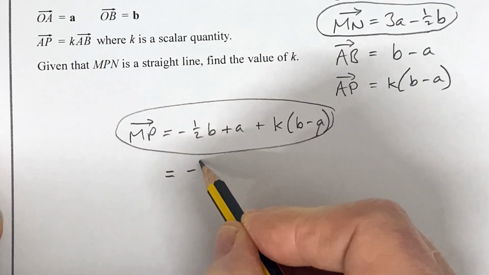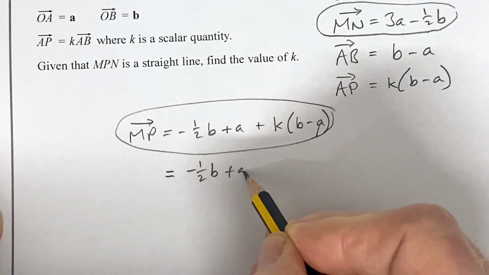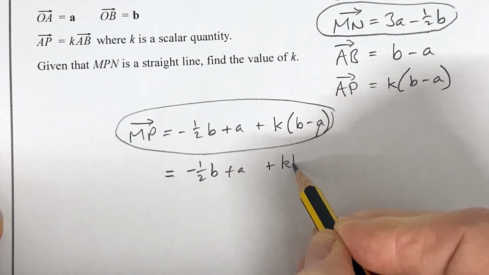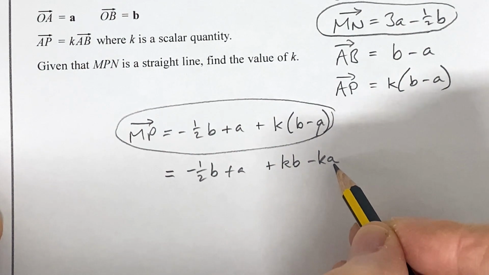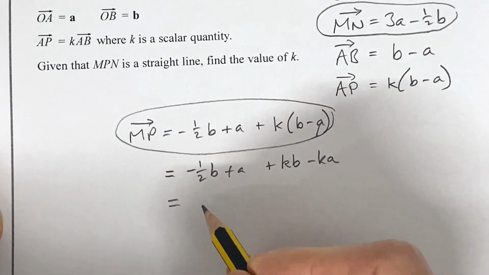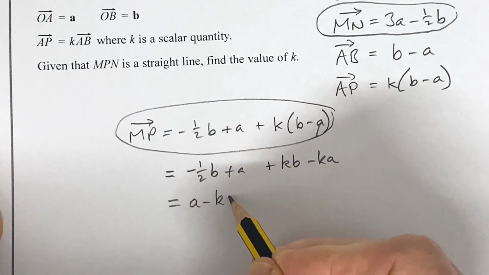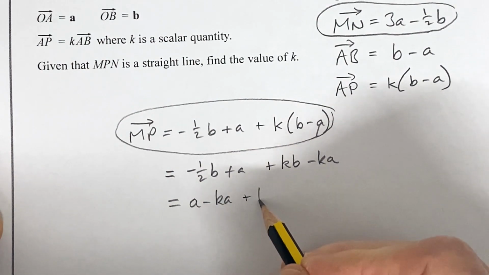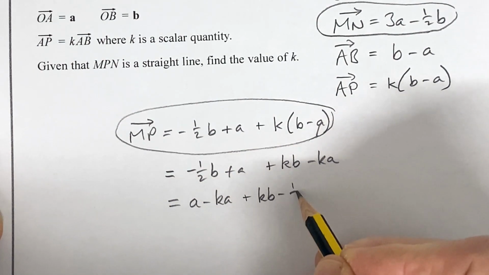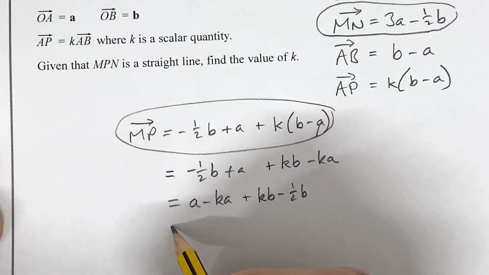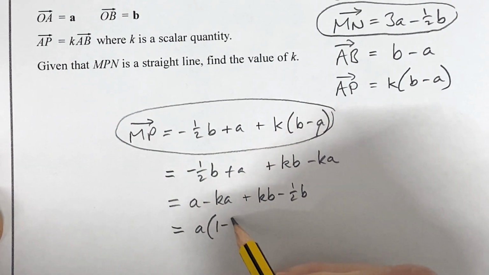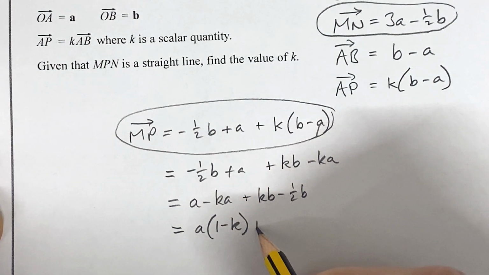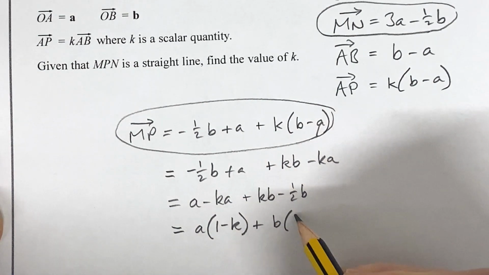I'm going to write minus a half B plus A plus KB minus KA, and then I'm going to group the A's together and the B's together. So we've got A minus KA plus KB minus a half B, and then we'll use brackets. So we've got A times 1 minus K plus B times K minus a half.